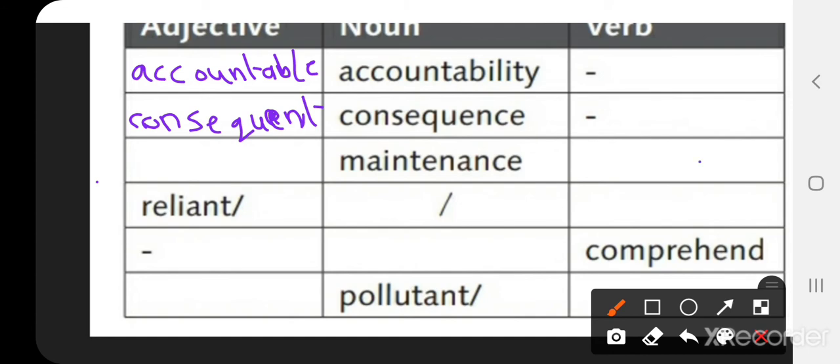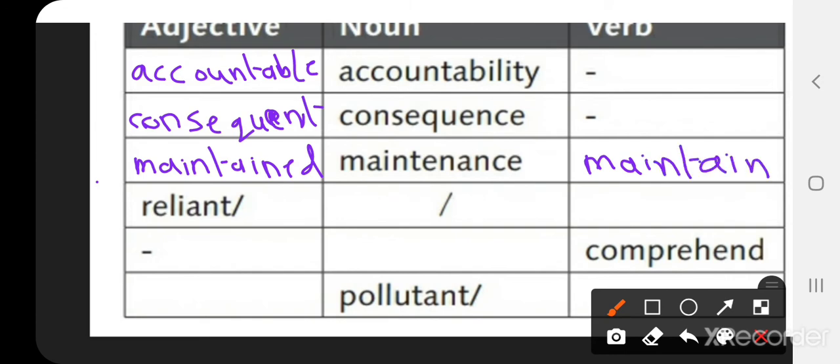The adjective of it is what? It is mentioned in your student book. So it's maintained. Okay. What about the verb? It's maintain. Maintain and maintained.